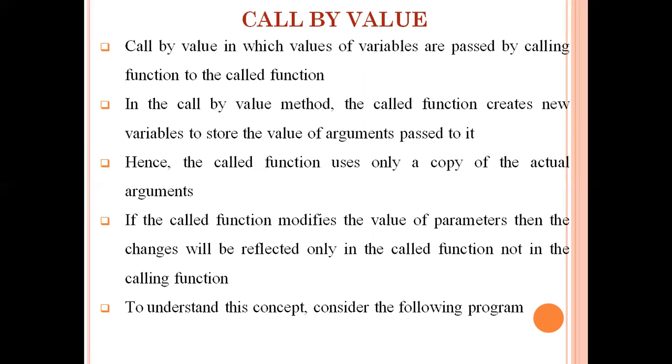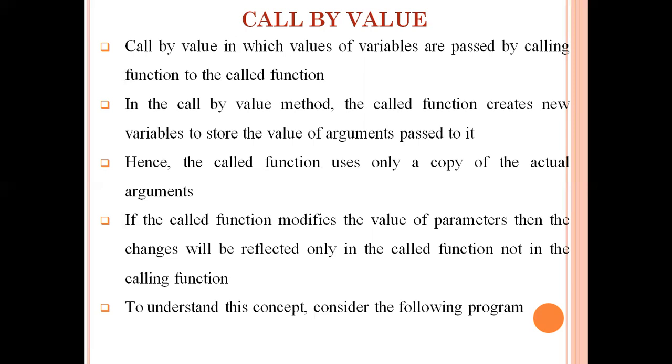So suppose during the execution of the called function definition, the value of the parameter is modified. The changes in the value of the parameter will not be reflected in the calling function.